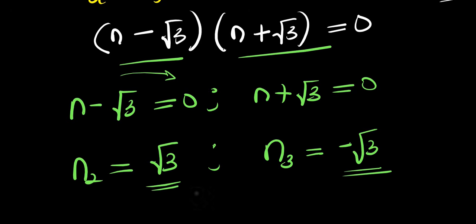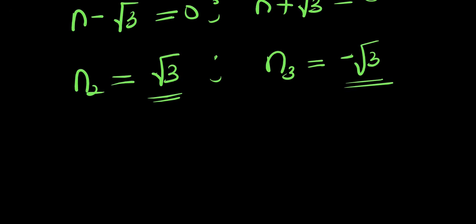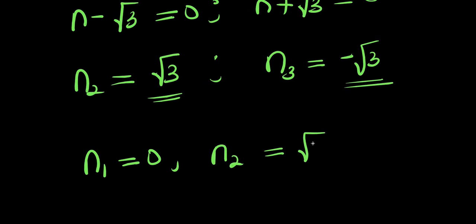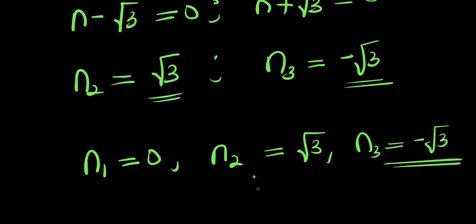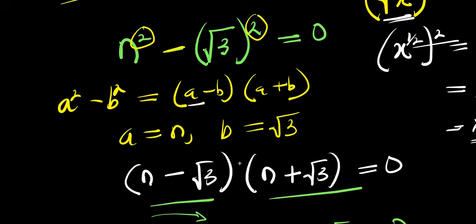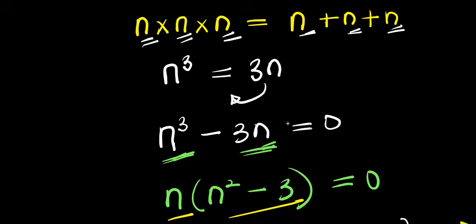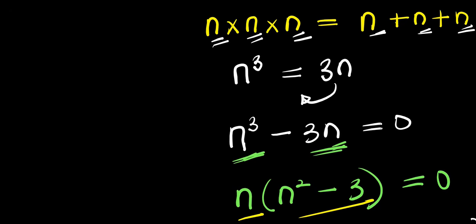So I have 3 different solutions, which are n1 equals 0, n2 equals root 3, and n3 equals negative root 3. So what we are going to do next will be to test for each of these values if they are going to satisfy the equation. So we have check.